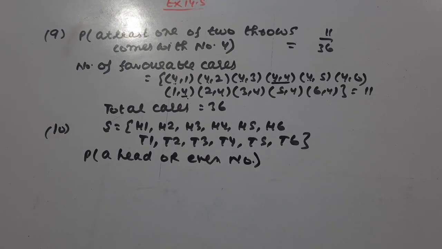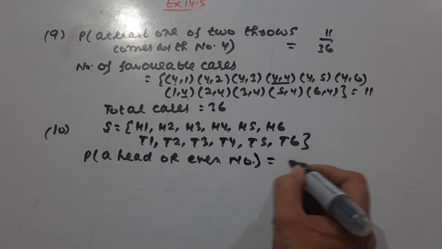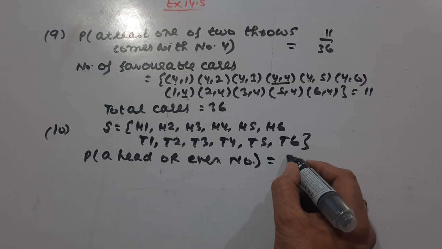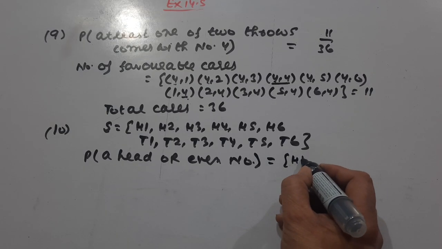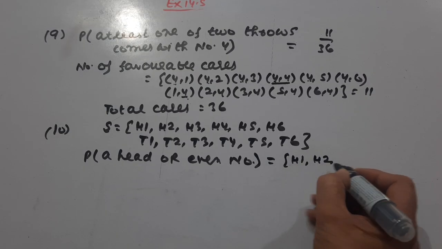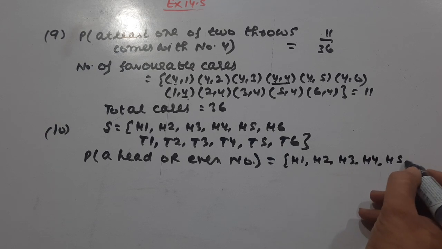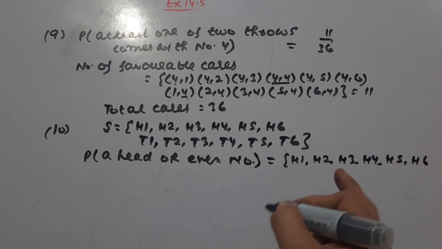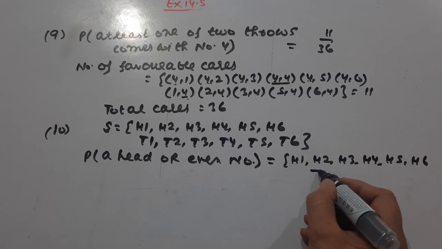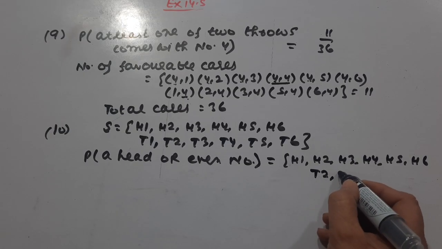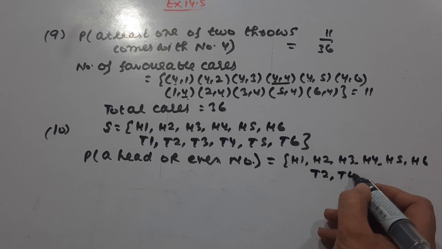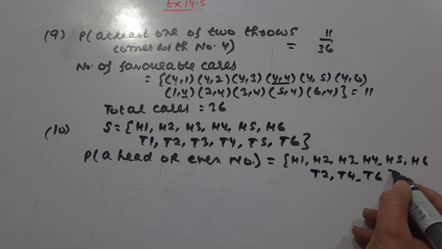Now students, a head or even number. So how many cases will be there? Head: H1, H2, H3, H4, H5, H6. Even number means T2, T4, T6.